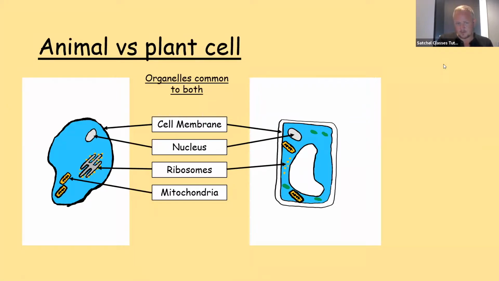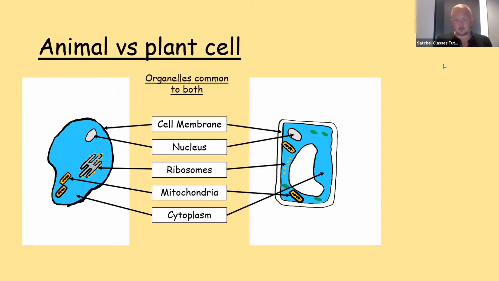Mitochondria, the yellow structures there and there, are the cell's powerhouses. That's where aerobic respiration occurs, and they release energy in the cell from the reaction between oxygen and glucose. Cytoplasm is the jelly-like liquid that fills the cell, and it's where all the cell's reactions occur and nutrients are stored.